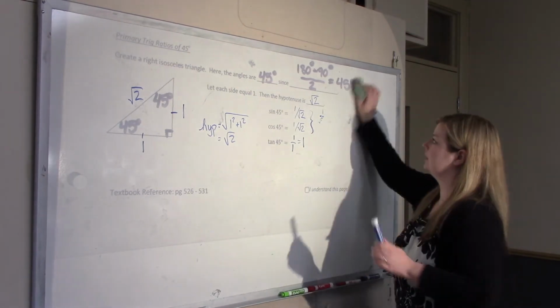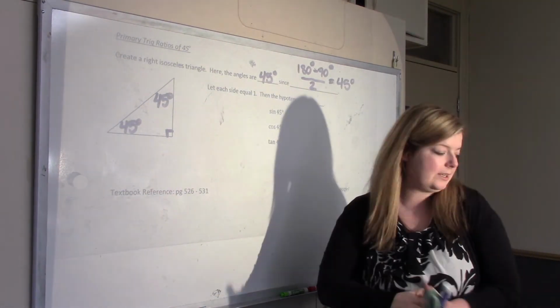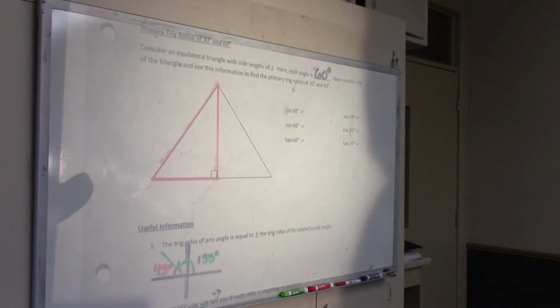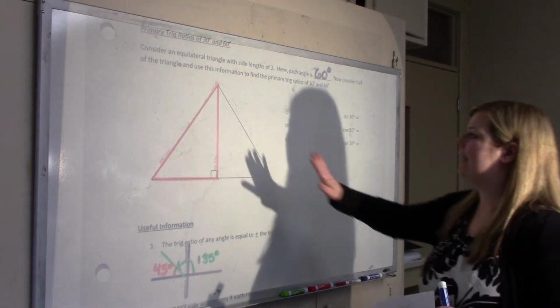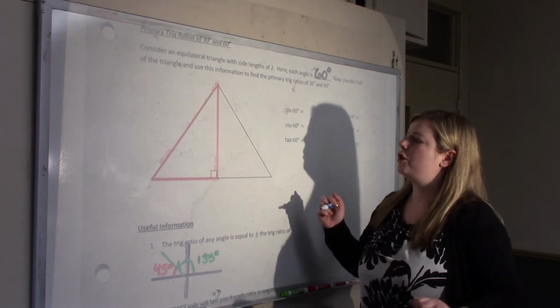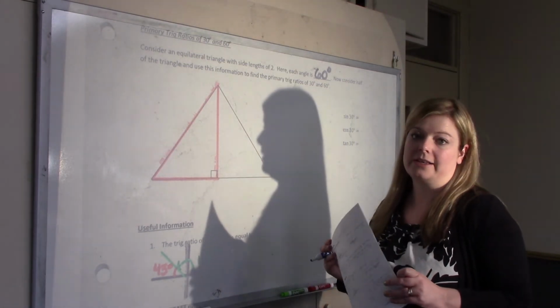So now we'll get on to 60 degrees and 30 degrees. I've created here for you an equilateral triangle, okay? But you should highlight just half of the equilateral triangle because that's what we'll be looking at. In an equilateral triangle, the 180 degrees are divided evenly.